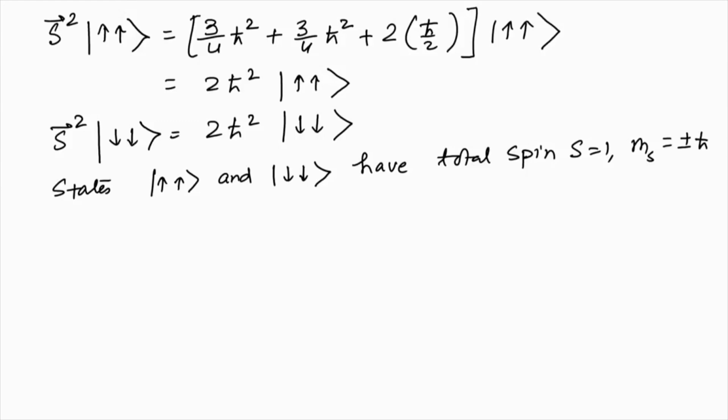But of course, S equal to 1 should have 3 states, which are equal to ms plus minus h and 0. So, the third state, ms equal to plus minus h, is there.